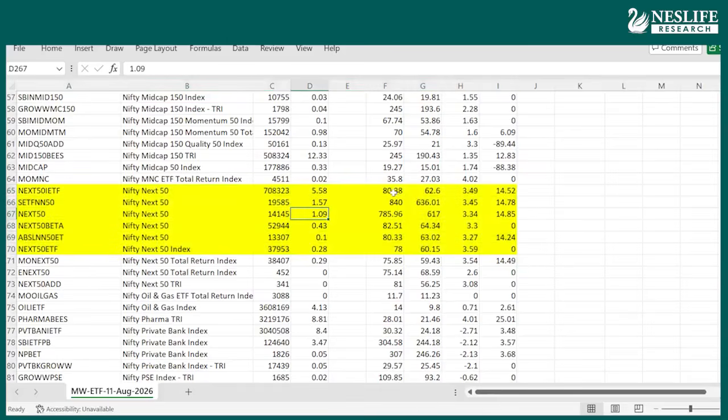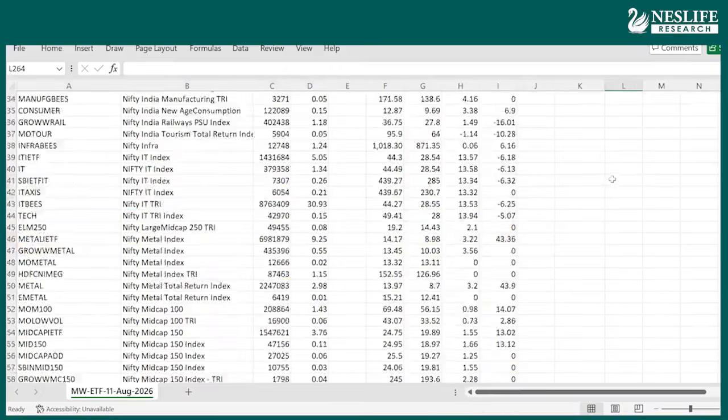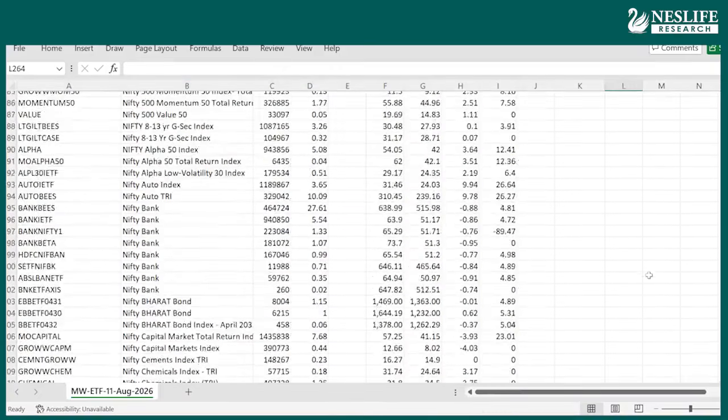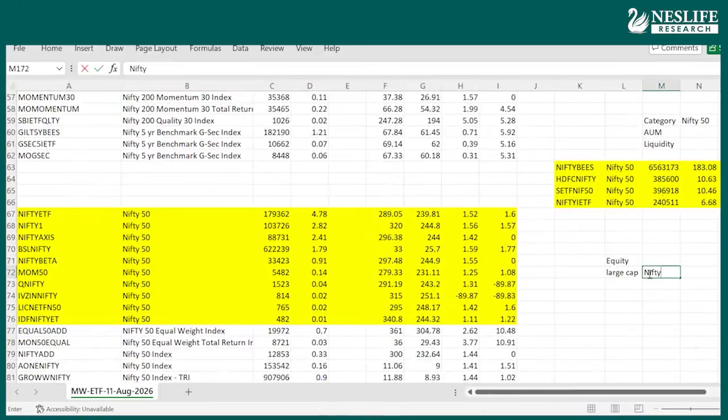Here you can take whichever has the highest volume value. So let's say this one or two. One is based on the Nifty 50, that means one index, and another is Next 50. I'm talking about equity. Both are large cap.